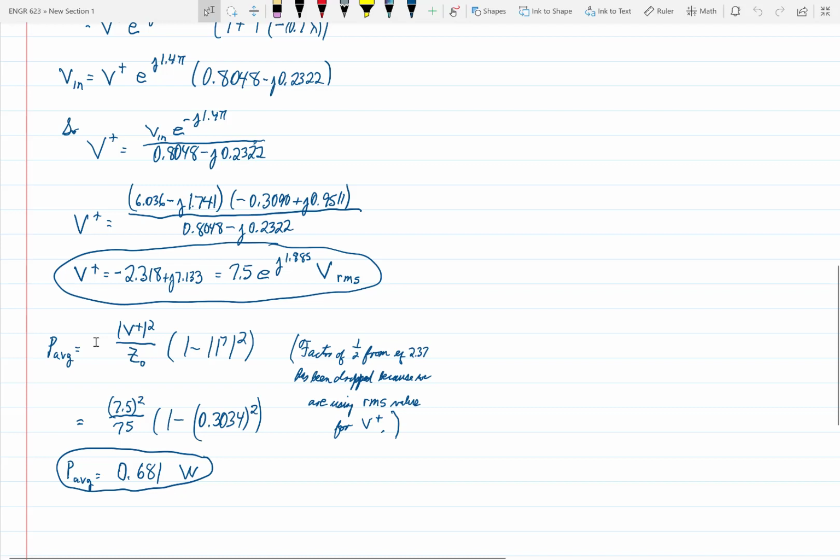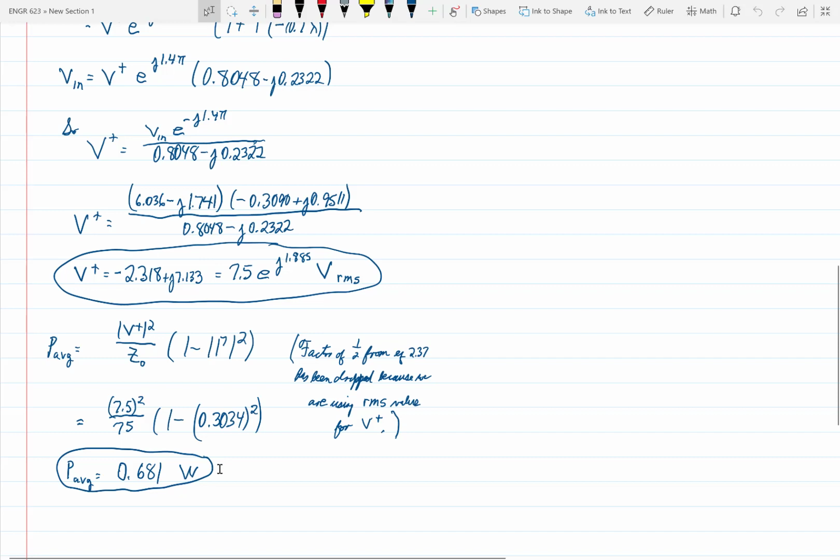But this is an RMS voltage, so the 1/2 disappears in that case. So in that case, equation 2.37 becomes this, that the average power delivered to the load is this, and we've calculated gamma above, we have calculated V plus right here, we know Z0, and so if we substitute in everything here, we get P average is 0.681 watts.